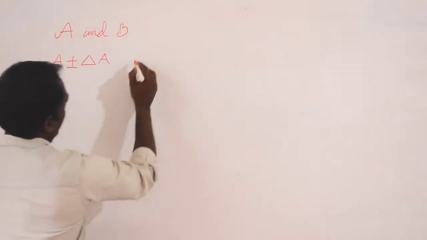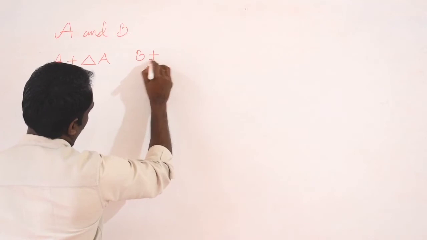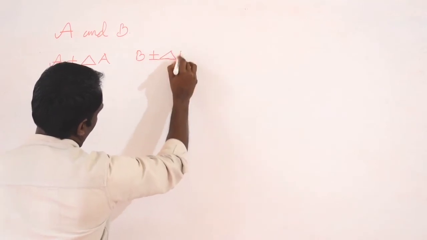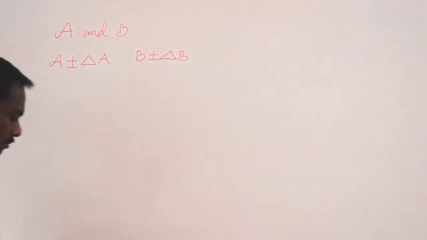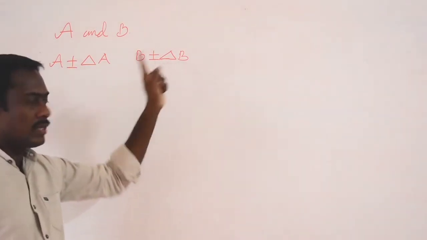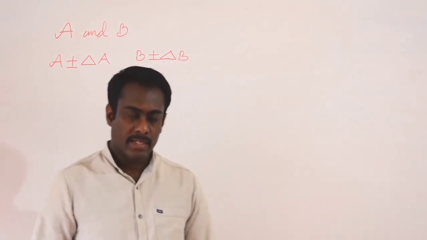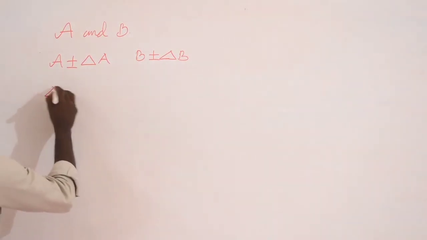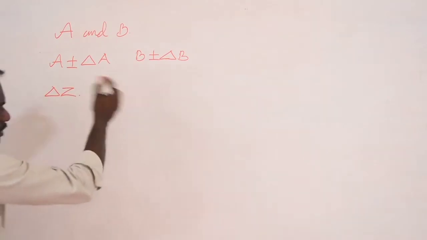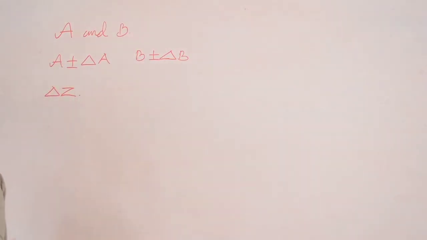For B, the measurement will be B plus or minus delta B, where delta A and delta B are the absolute errors. If we want to find the error delta Z in the result of these measurements, we can find the sum of the errors first.